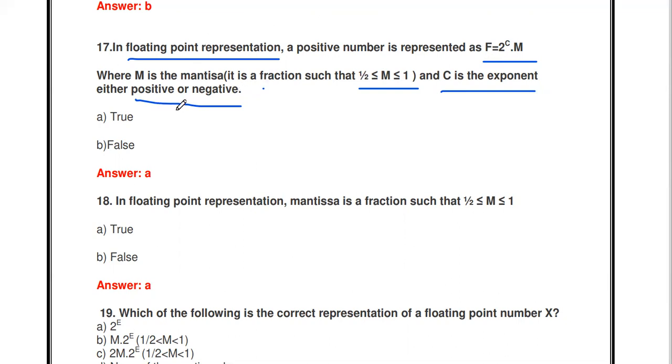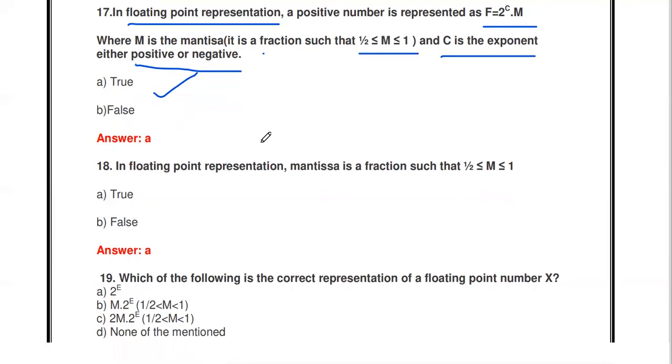So this is a true or false question. True. In floating point representation, any positive number can be represented as F equal to 2 to the power c into m, where m is the mantissa and c is the exponent. The condition for the mantissa is that m is between 0.5 and 1. The exponent can be positive or negative.